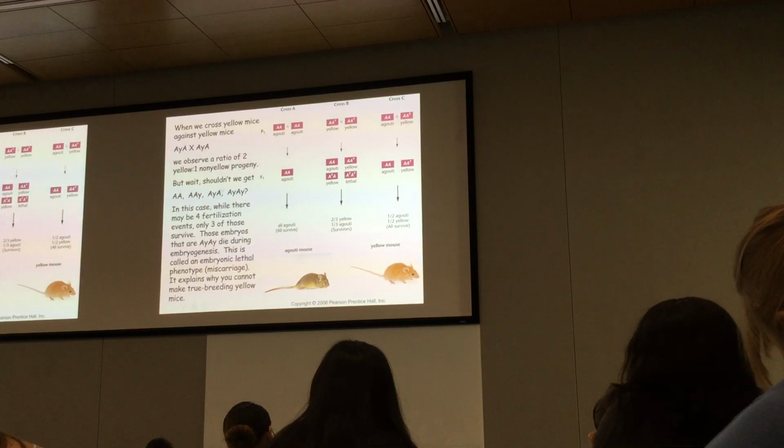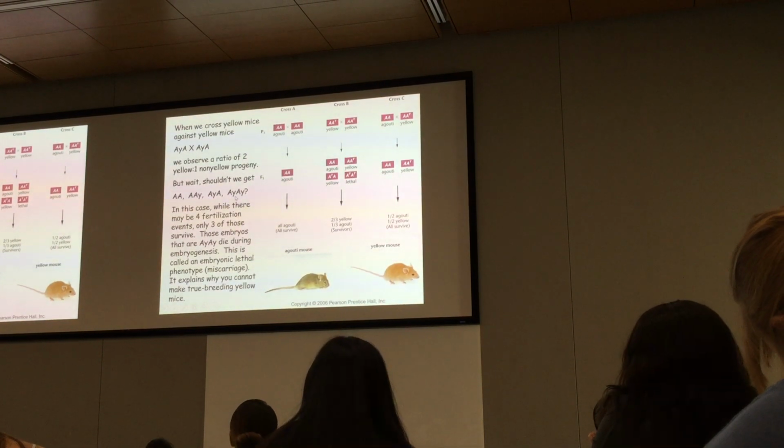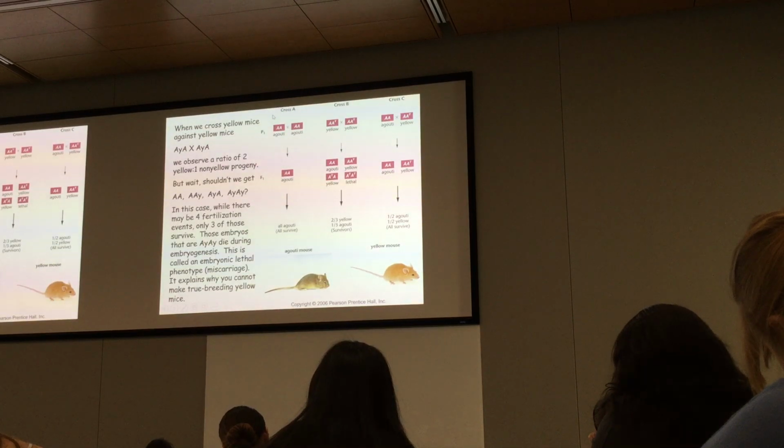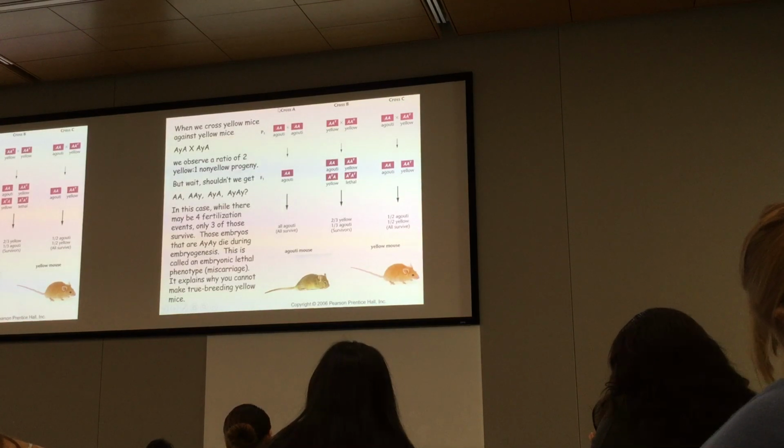Okay, and the fact that these die explains why the yellow mice don't breed true. They have to be AY something else. You can't have true breeding AY mice. Okay. So the picture at the right is from the book, and it just shows you various crosses concerning this agouti gene and the A and AY alleles.